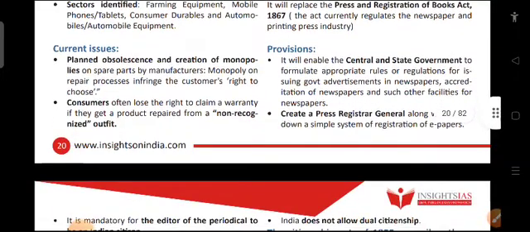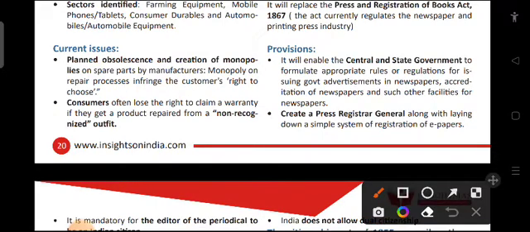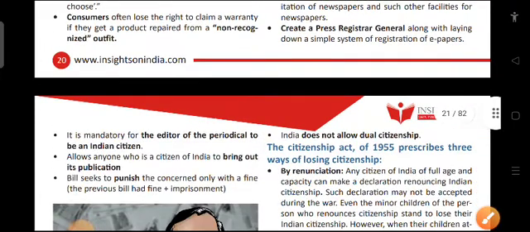Then what are the provisions under the bill? It will enable the central and state government to formulate appropriate rules or regulations for issuing government advertisement in newspapers, accreditation of newspapers and such other facilities for newspapers, create a Press Registrar General, along with laying down a simple system of registration of e-papers.